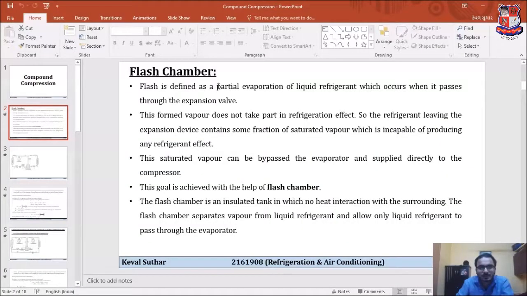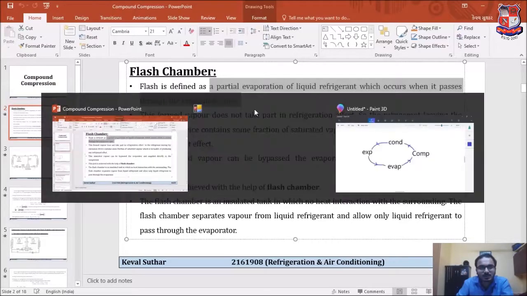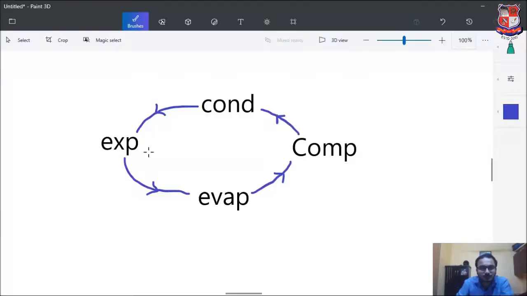Here it is the partial evaporation of liquid refrigerant which occurs when it passes through the expansion device. From the expansion device it has to be in the liquid form, and then it can evaporate here.